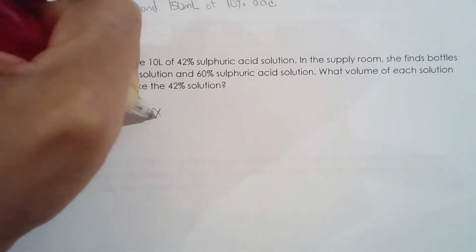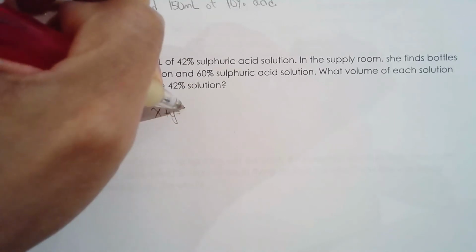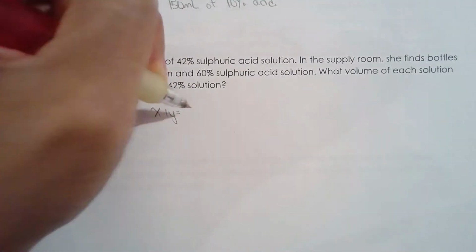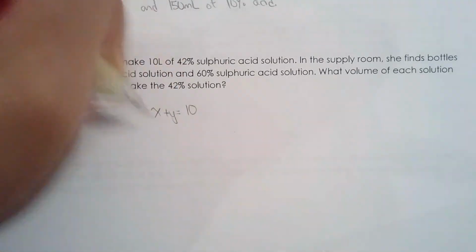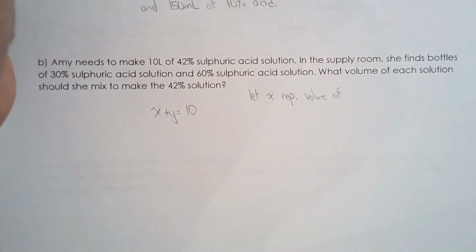The first equation I think everyone's going to get, x plus y equals 10 liters, okay? So you know what, I think it's a good time to write our let statement before we get too excited here. Let x represent volume of 30% sulfuric acid solution used.